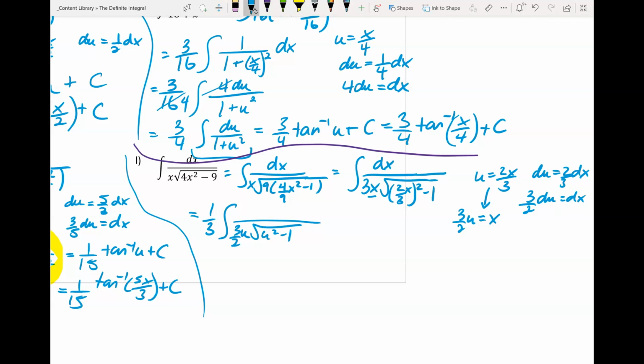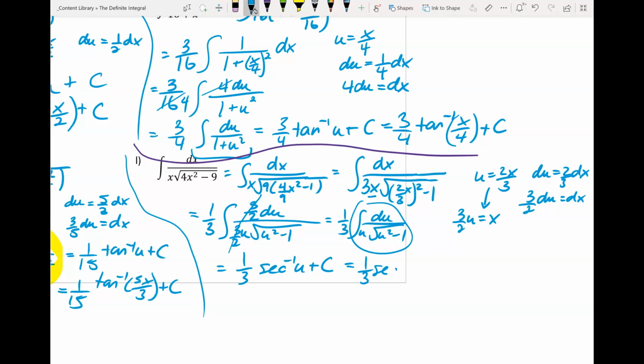Then our dx is going to be replaced with 3 over 2 du, so our 3 over 2 is just going to cancel out. And this is what we're left with. Now if we integrate this, it's going to be secant inverse u. And then we're going to replace the u, which is 2x over 3. And then we are done.